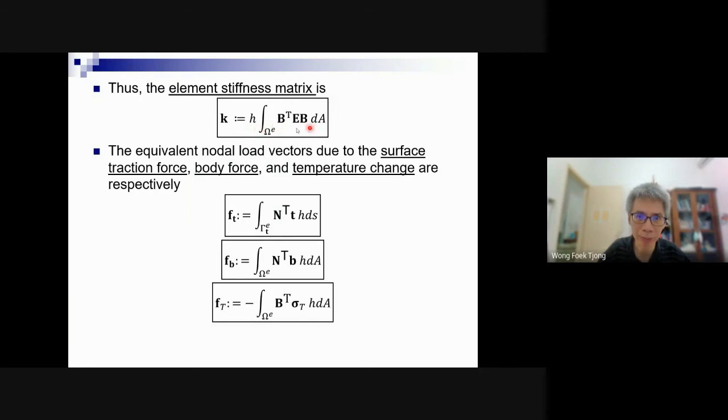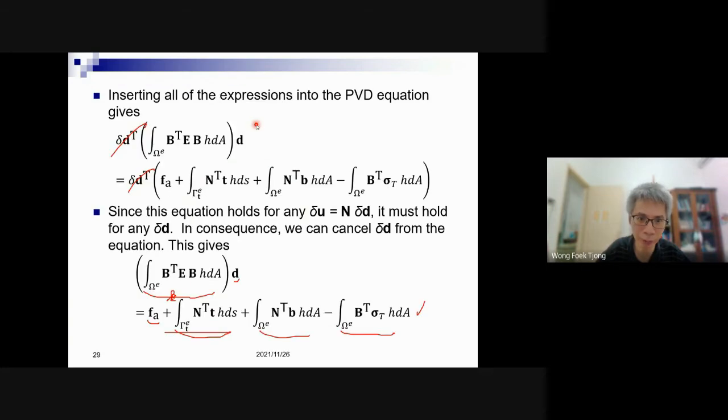B transpose E B dA H from this one. And this is the applied nodal force as usual, the force that we need to balance the element when we take it as a free body. Remember, we have discretized the model into elements, and then we take one element, and the element may not be in balance, so we need some forces to make it balance.